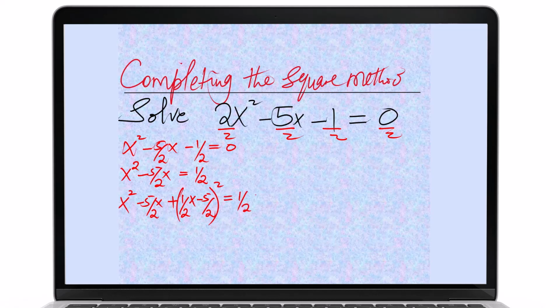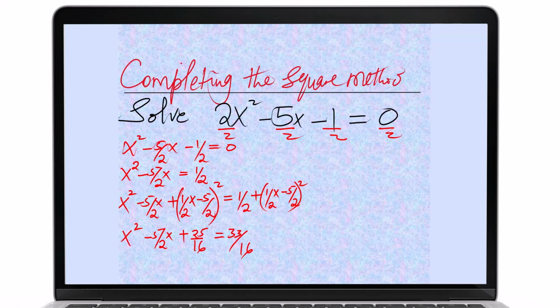So also the right hand side, we do the same, half times the coefficient of x, then we square that. So this will give x squared minus 5 over 2x plus 25 over 16 is equals to a half plus 25 over 16. You will get 33 divided by 16.